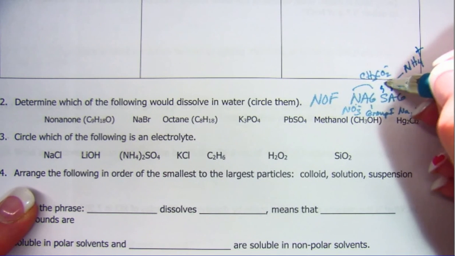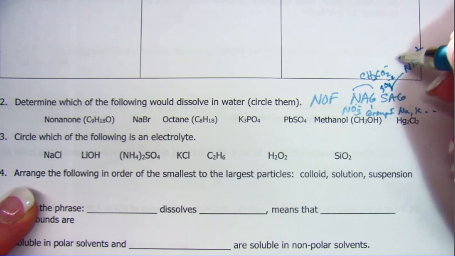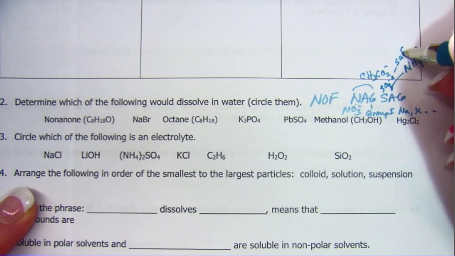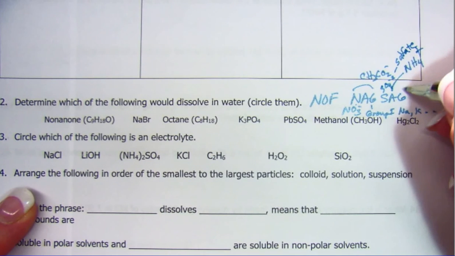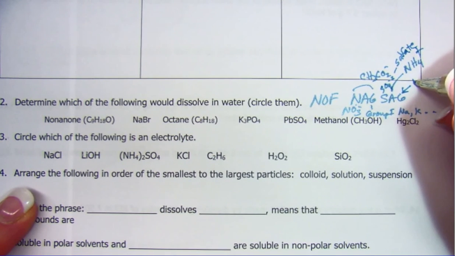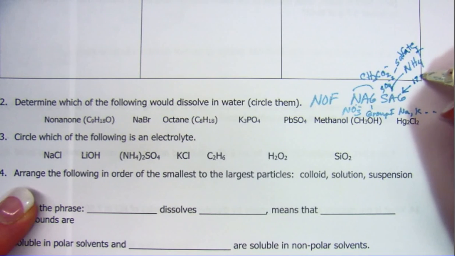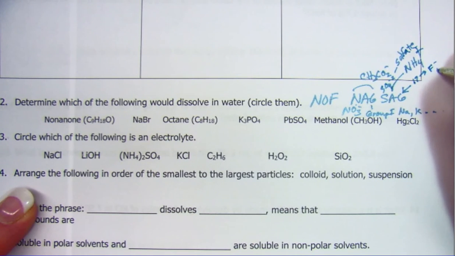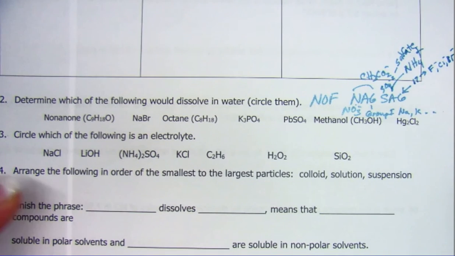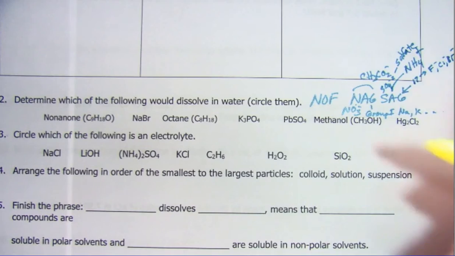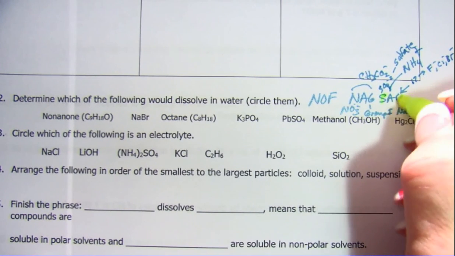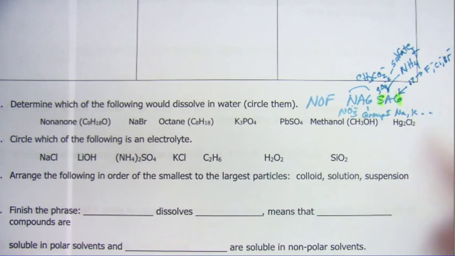S is sulfate, SO4 2 minus. And then G here is group 17, which is fluorine, chlorine, bromine, that column. Now, two of them, the S and the G, have exceptions.